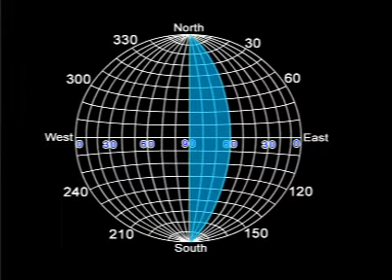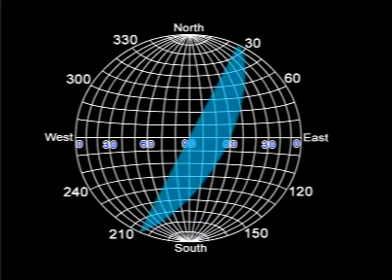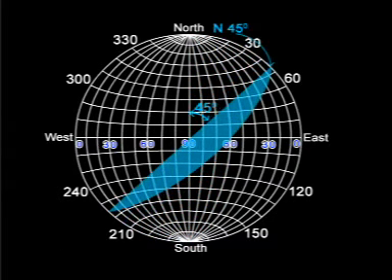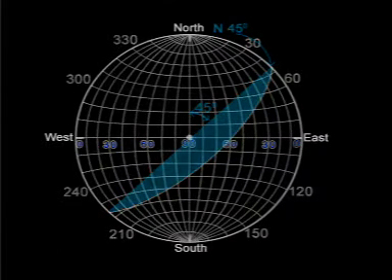Now, the second plane which we will construct will be a 60-degree dip in north 45-degree azimuthal direction. For this, first we construct the 60-degree dip as shown in the figure, and then we rotate the plane in north 45-degree and then make a line there.